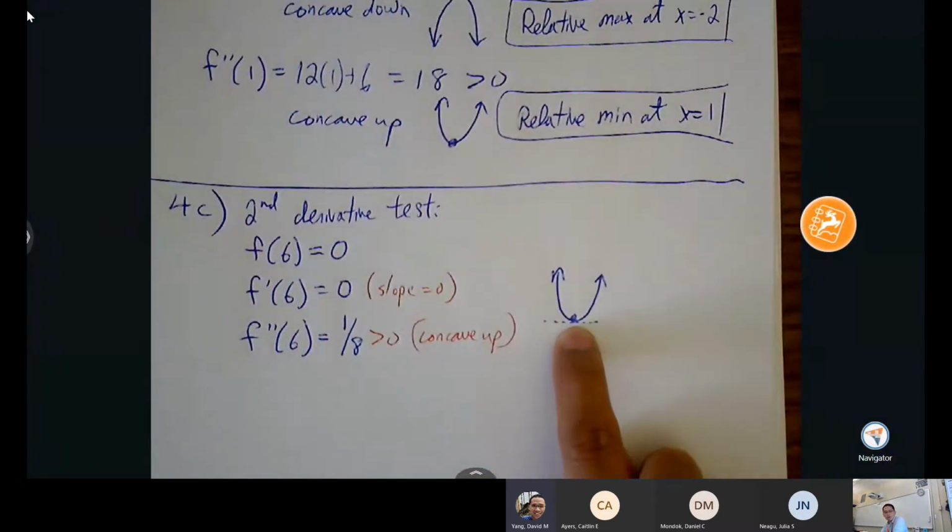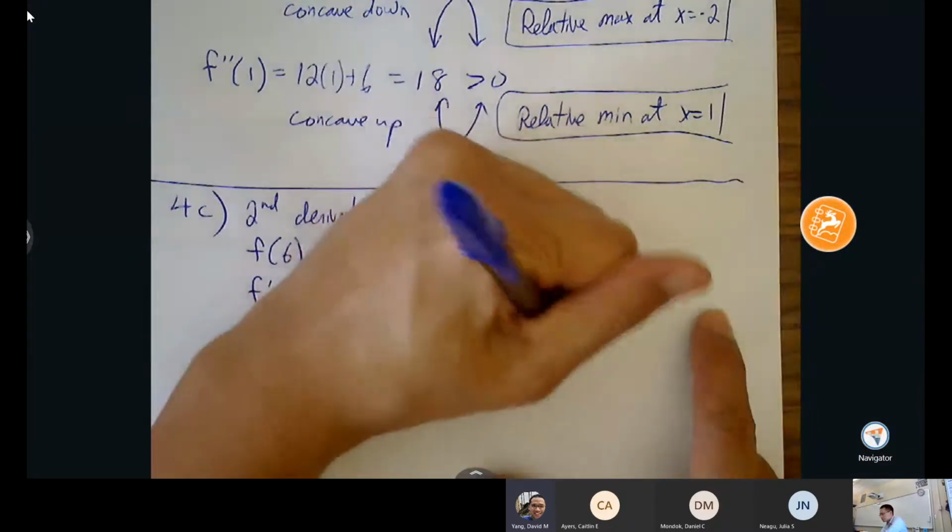Slope 0, concave up. This point must be a relative minimum.